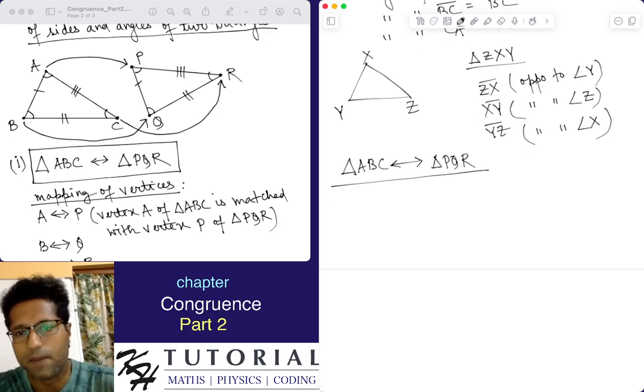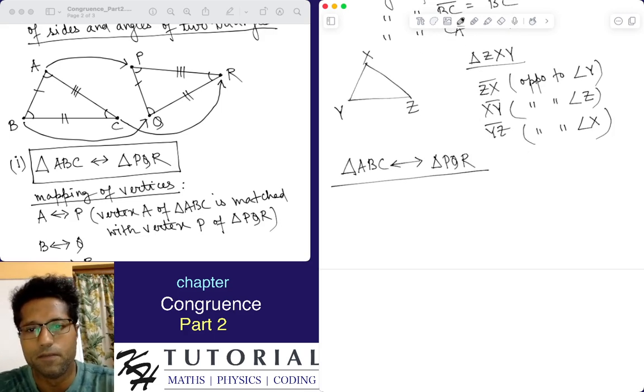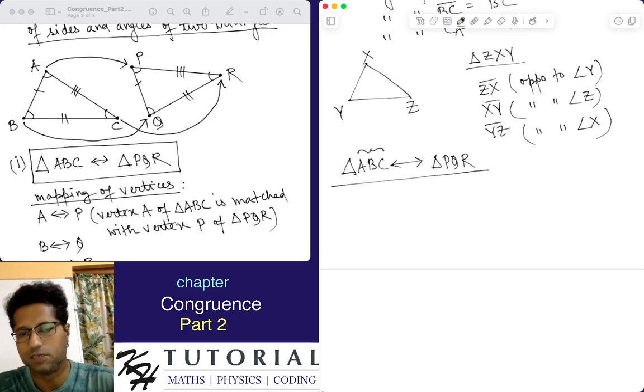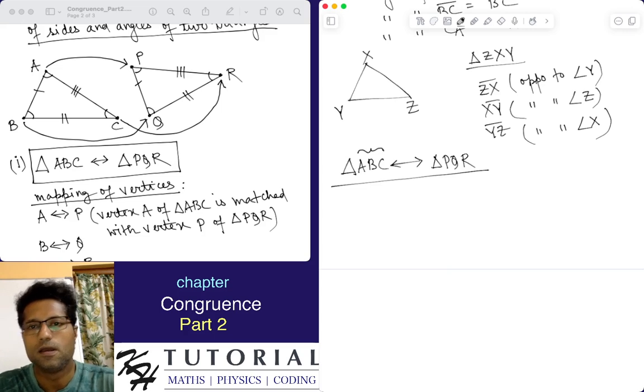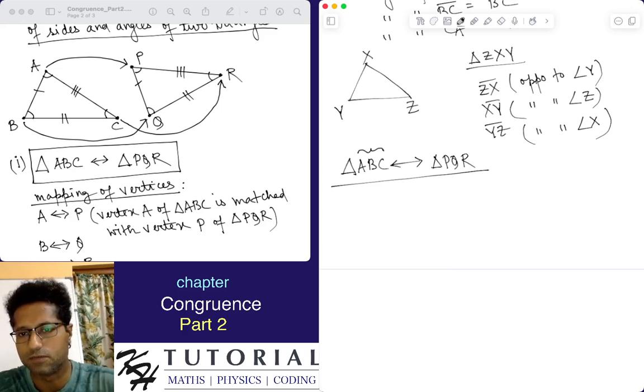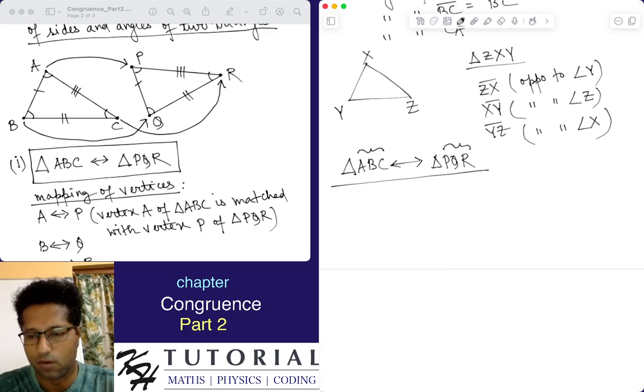In this convention, it is very, very important how you name the triangle. The ordering of the letters of the vertices of triangle ABC is very important, and also the ordering of the letters of the vertices of triangle PQR. If you alter this ordering, the whole meaning of the mapping or correspondence will change.